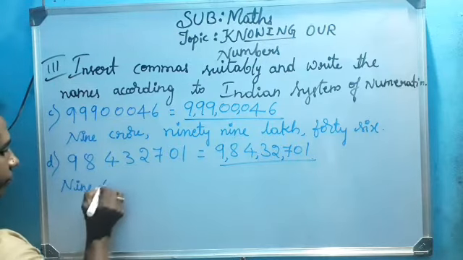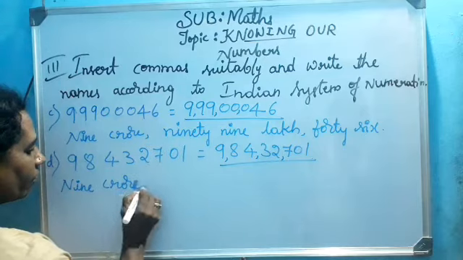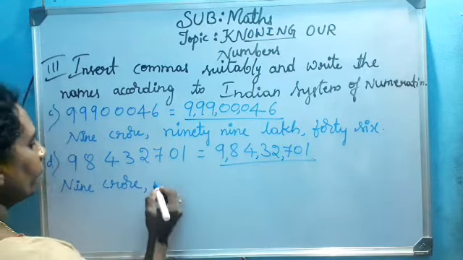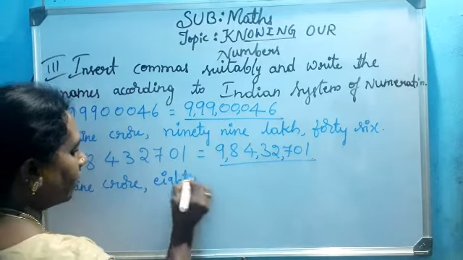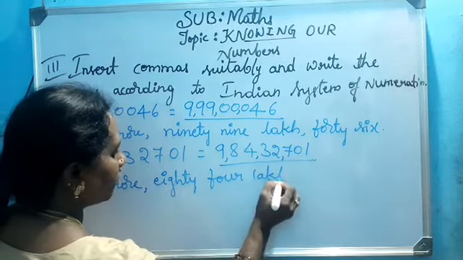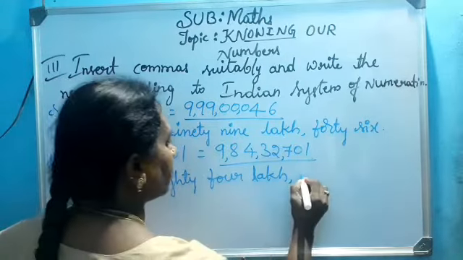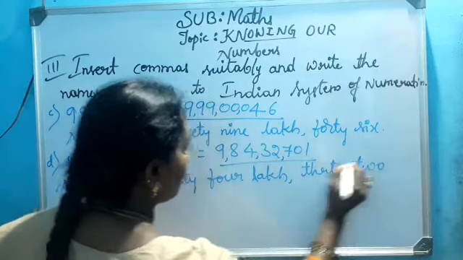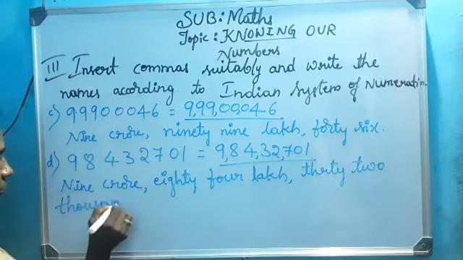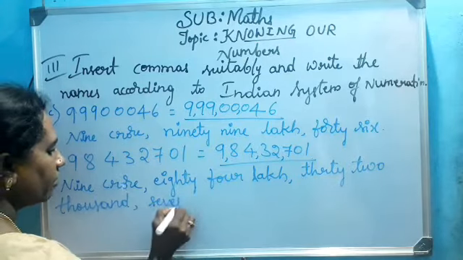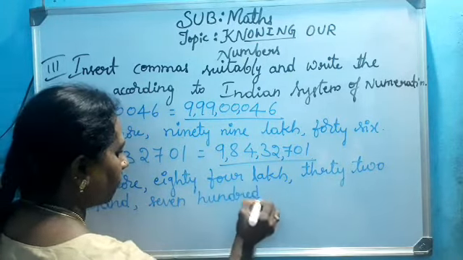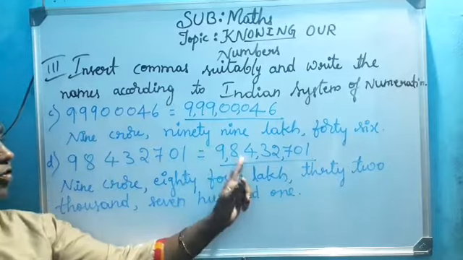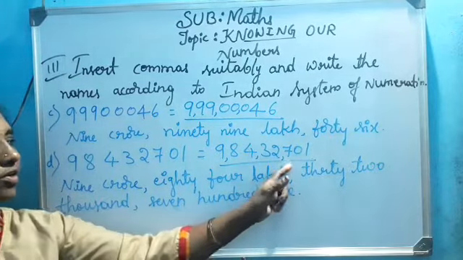9 crore, 84 lakh, 32,000, 701. See once again, 9 crore 84 lakh 32,701.